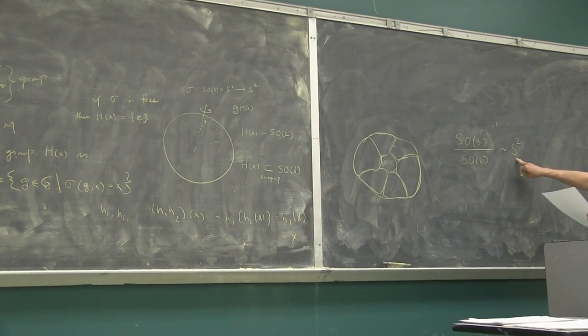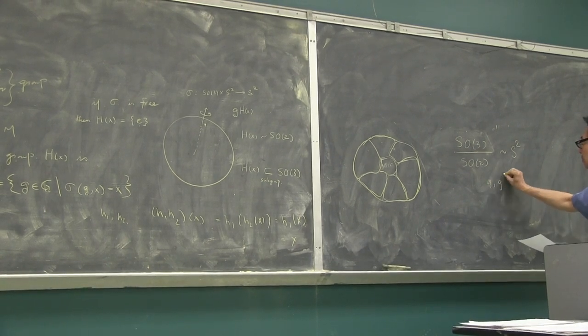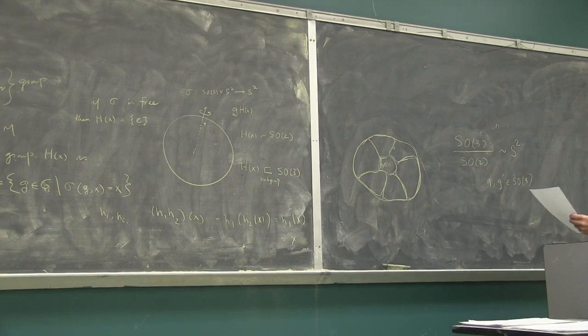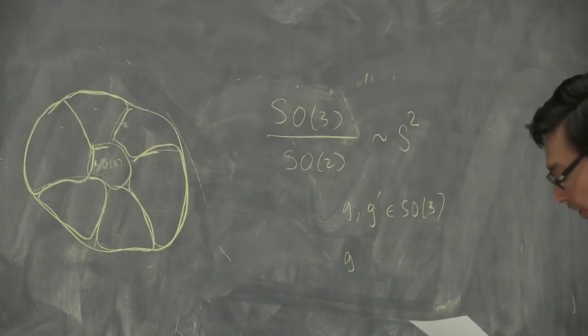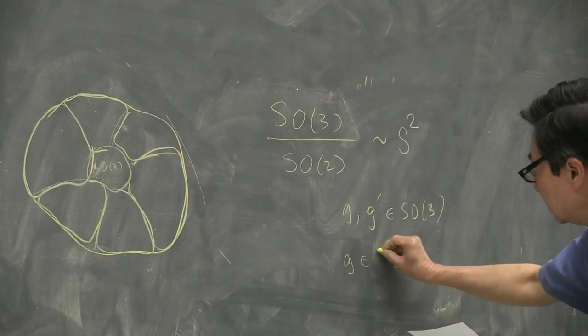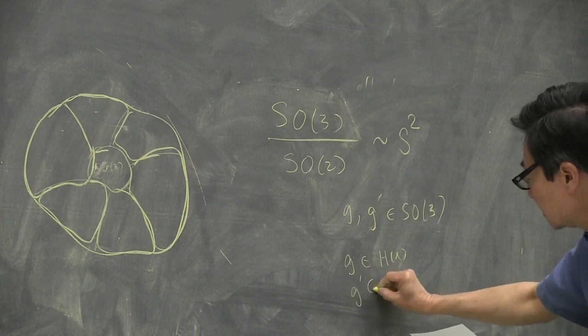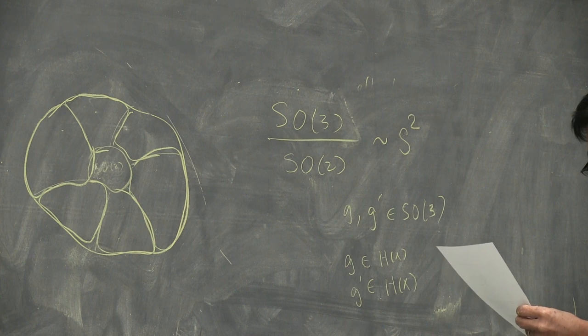Because of this fact: if you take any two elements G and G prime in the original group SO(3), and suppose G and G prime are in the same isotropy subgroup corresponding to the point X.